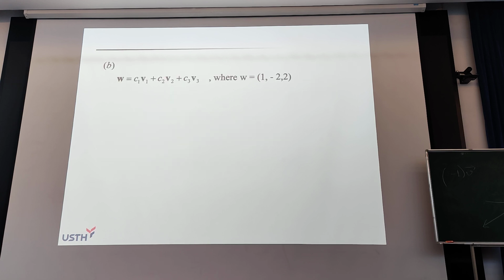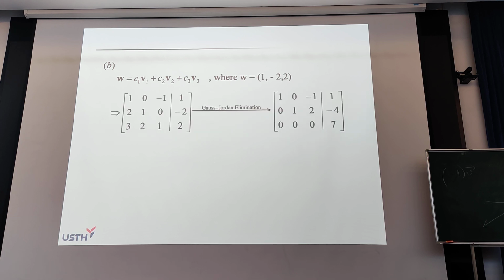But for the other one, now w is (1, -2, 2). Then again, we consider that equation, and that equation will give us a system of linear equations with the right-hand side here. Using Gauss-Jordan elimination, we get that one.